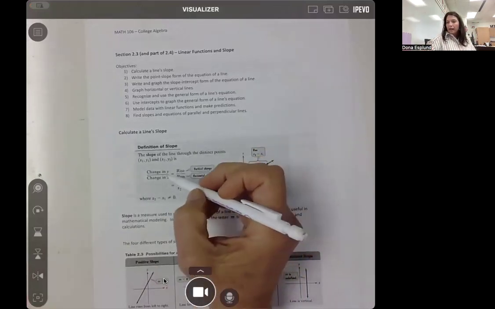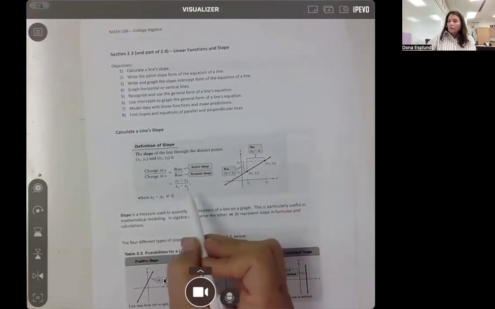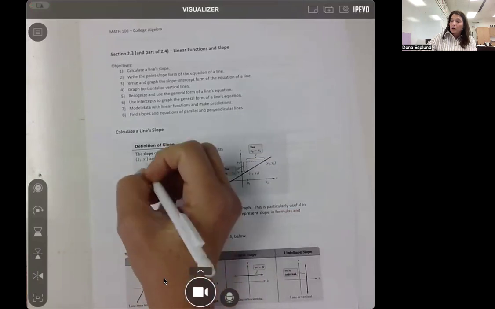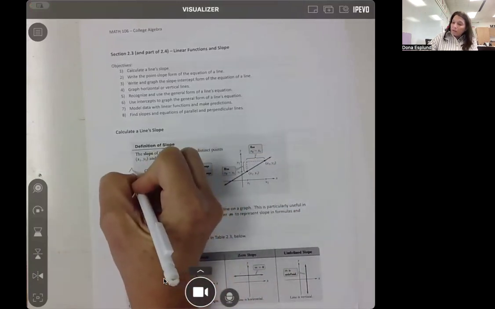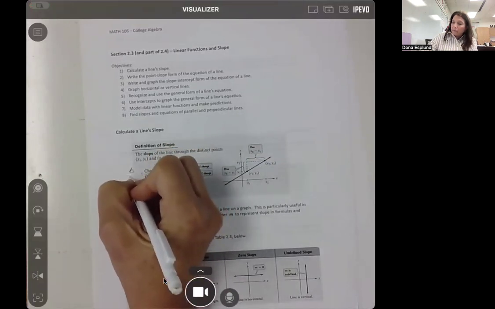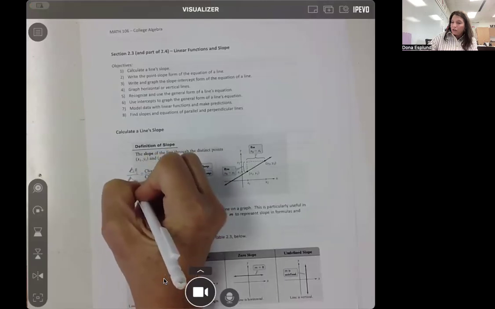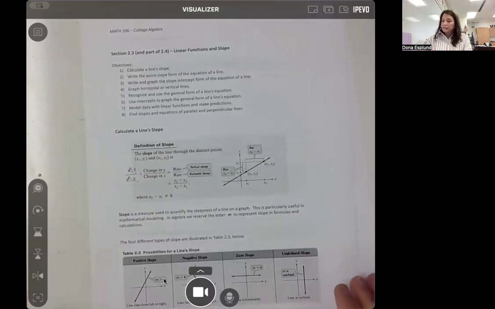That's why you have the change of y over the change of x, with the formula y2 minus y1 over x2 minus x1. I'm also going to add in front the Greek letter delta, which means change of in math. So the change of y over the change of x, which represents my slope, is delta y over delta x.